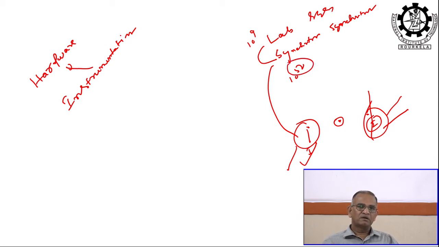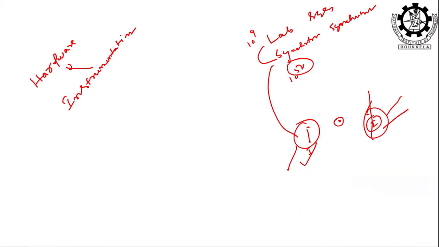More than 41 times stronger than lab source, and that is why people are running after it. It may happen with the laboratory system that some of the information is not available, not possible, not feasible, but synchrotron can do it because of its power, right.